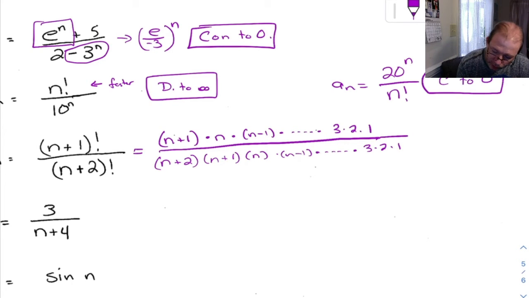So if you come up here and start canceling things, n plus 1 is going to cancel with that. Basically, everything's going to cancel out except for this term here, n plus 2. So you've got to ask yourself, what happens to 1 over n plus 2 when n goes to infinity? And the answer is that goes to 0.